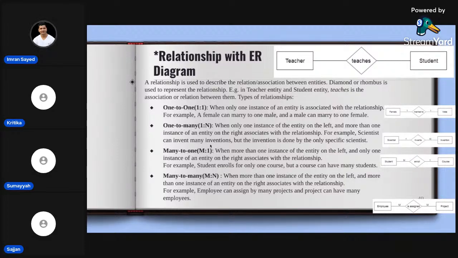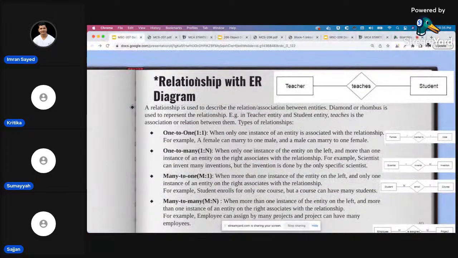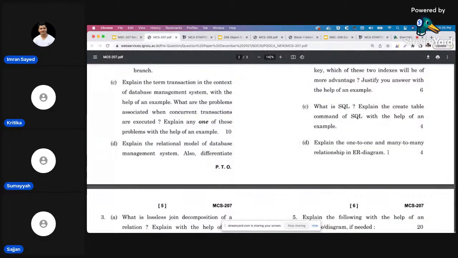N is also denoting many, but anytime it's on the right, you use N instead of M, and anytime it's on the left, you put M. For example, an employee can be assigned many projects and a project can be assigned to many employees. So is assigned is a relationship, employee and projects are two different entities, and that's your diagram. That answers your question for 4 marks.